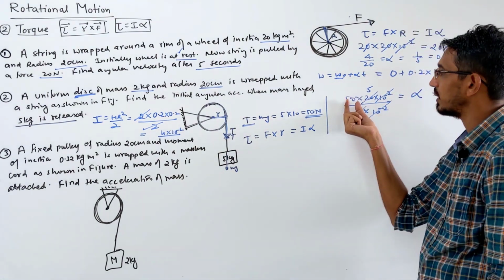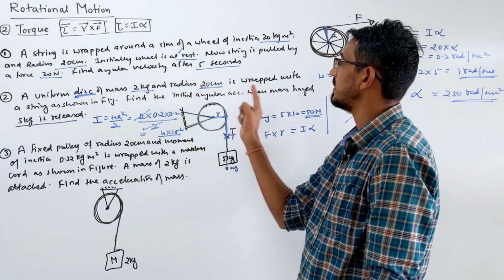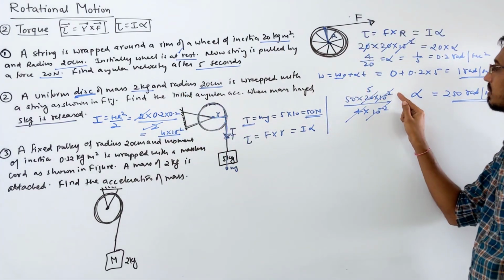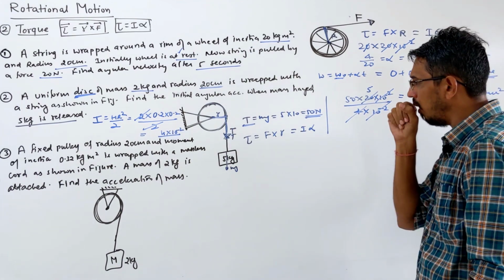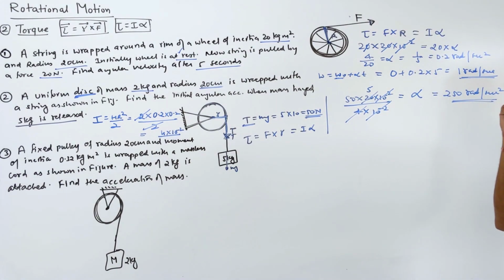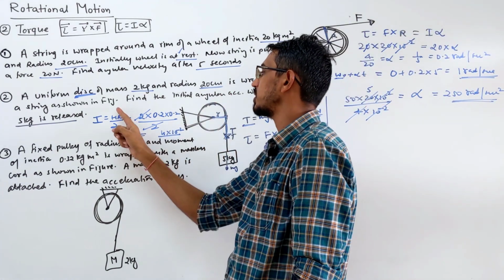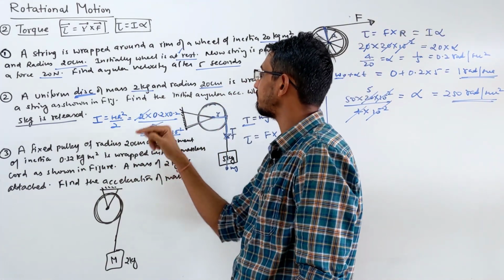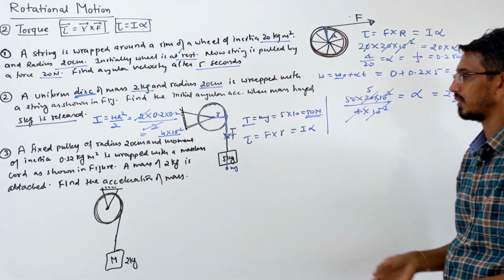Force is 50 Newton, and perpendicular distance is the radius, 20 centimeter, 20 into 10 power minus 2. So that is equal to I into alpha. Inertia is divided here. And the inertia of this disk is mr square by 2. M is given as 2 kg, R is given as 20 centimeter. Yes, everything is okay. That's the correct answer.